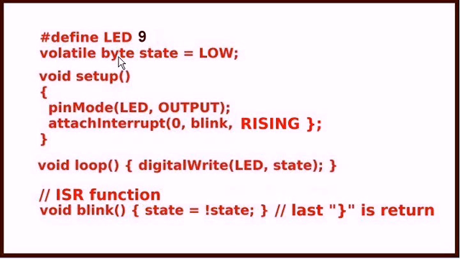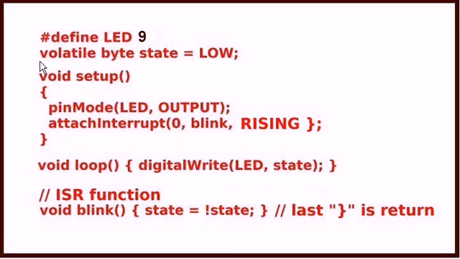Byte is the type of variable I'm using. Now, a lot of these sketches use an integer. That's a waste because I'm not using a number greater than 255. Use a byte and you'll save a byte, literally. An integer uses 2 bytes whereas a byte uses a single byte.